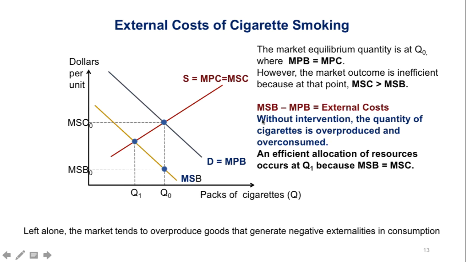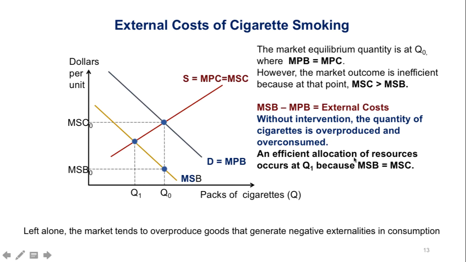As an individual, I look at my marginal private cost and marginal private benefit and determine how many packs of cigarettes I smoke at what prices. The government cannot push this part, but the government can change the price and impact the shift in the demand that I show you in the next graph.